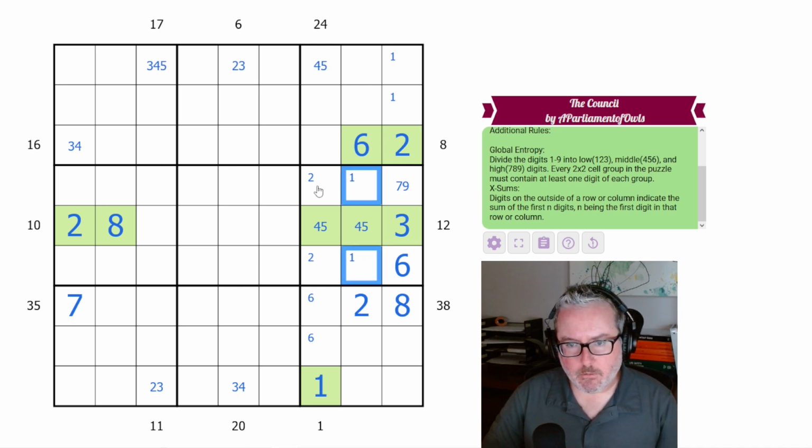Now, if we know the lows are offset like this, I think it tells us that the lows have to do this. If this is the 1, this is the 2. If this is the 2, this is the 1 kind of thing. Because we can't put 2 lows on one side because we'll have 2 lows and 2 mediums.